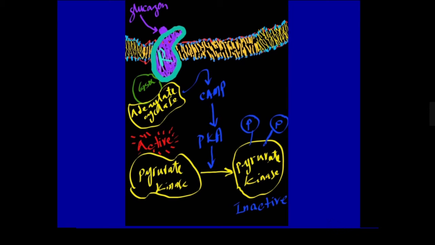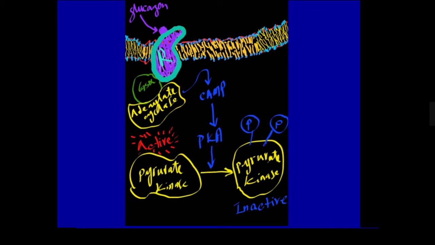Both of them will activate protein kinase A. But protein kinase A can phosphorylate pyruvate kinase on specific serine, threonine residues of the enzyme. That's what covalent modification means. And make the enzyme inactive.